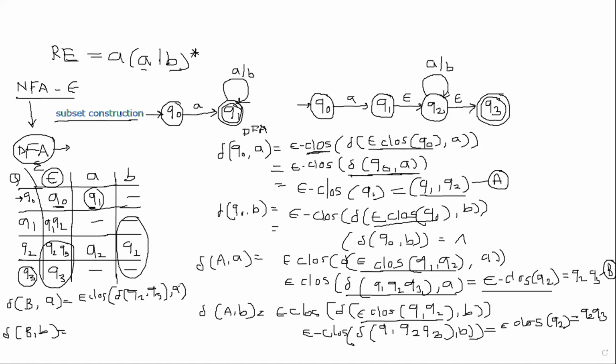So Q2 Q3 with A is this. Q2 only. आणि Q2 चा epsilon closure काय आहे? Epsilon closure of Q2 हे already B state मिळालेली. Epsilon closure of Q2 is Q2 Q3. Q2 Q3 म्हणजेच तुमचं capital B आहे, which is already derived state.